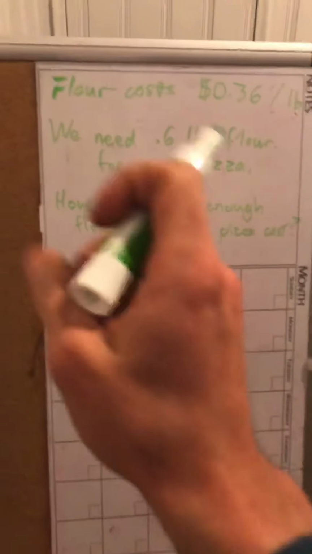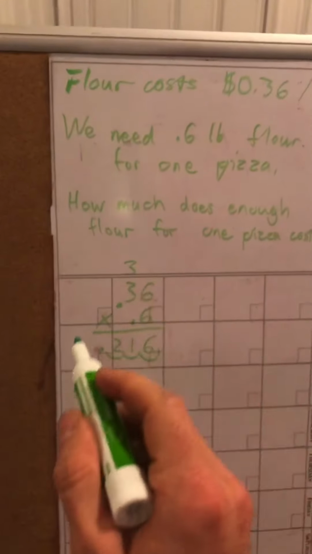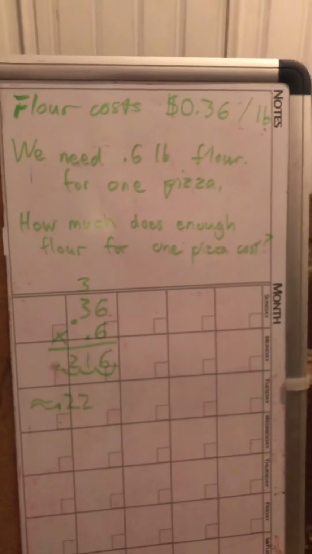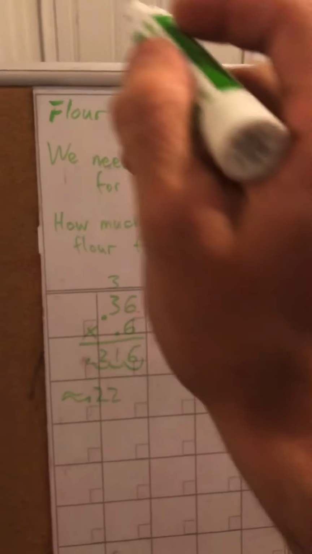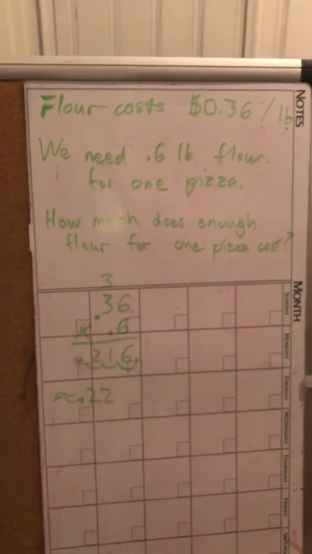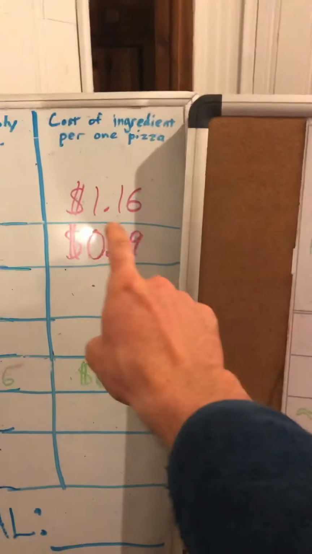You saw how I set this up kind of as a word problem, and then I solved that problem mathematically here. I'm going to want you to set this up and set up a word problem and draw out your work for every one of these and show me your calculations of how you got this cost.